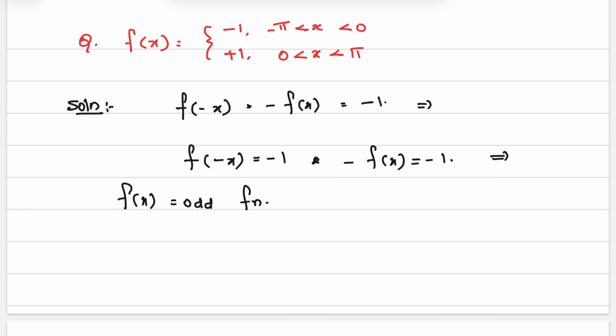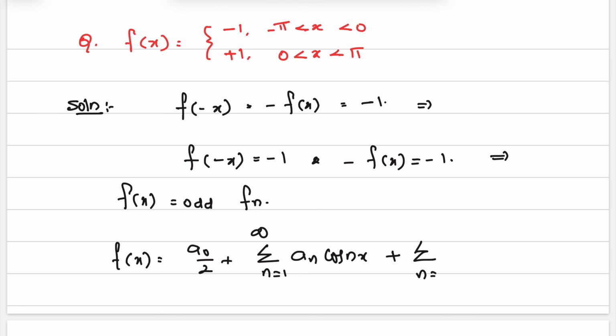When something is an odd function, then we can easily find out the Fourier series. In the Fourier series, f(x) is equal to a naught by 2, from the definitions which I have explained in the previous class, plus sigma n is equal to 1 to infinity a n cos nx plus sigma n is equal to 1 to infinity b n sin nx.